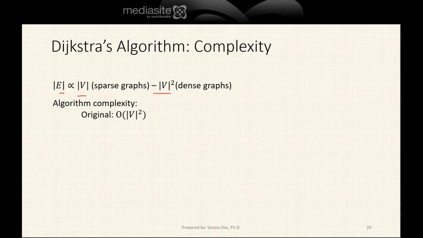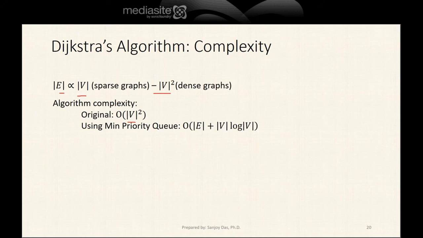Now, the algorithmic complexity of the original Dijkstra's algorithm was order V squared, where this denotes the cardinality of the set V. So that's O of the number of elements, the cardinality of the set V, squared.